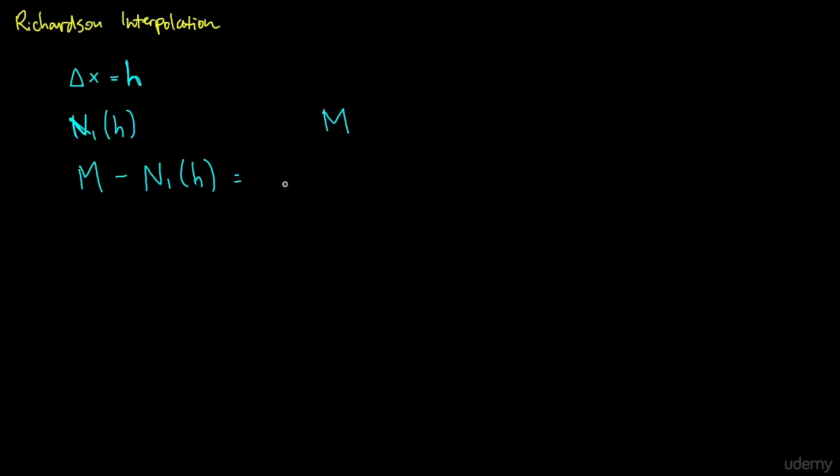If we have coefficients k1, k2, and so on, we can rewrite this as k1 times h plus k2 times h squared plus k3 times h cubed, and so on. We don't know what these constants are yet, but we're making the assumption that it's possible to formulate the truncation error in terms of these constants.